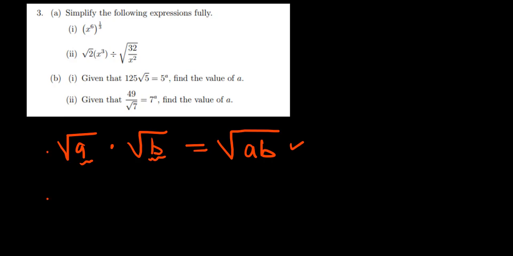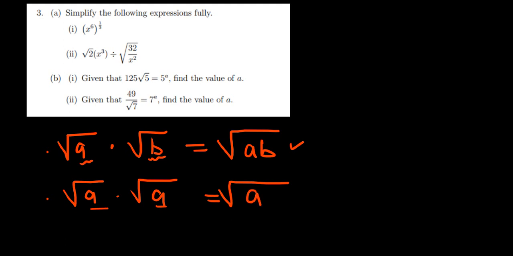The second one is this law. If we have square root of a multiplied by square root of a, since this is a and this is a, here is going to be a squared, and this a squared and the square root on top are going to cancel, so we are just going to remain with a.